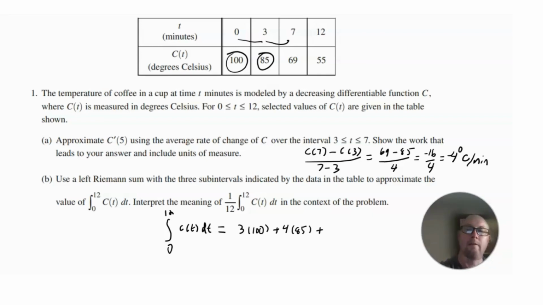And then the final one, in this case, is going to be 12 minus 7, which is 5, and then we want to use 69 as that point.